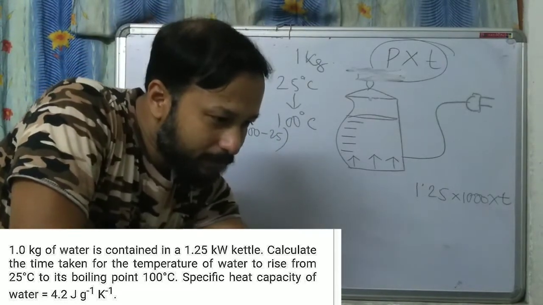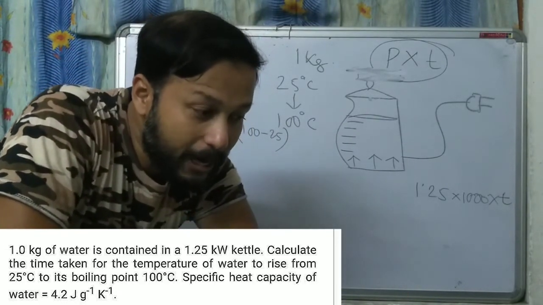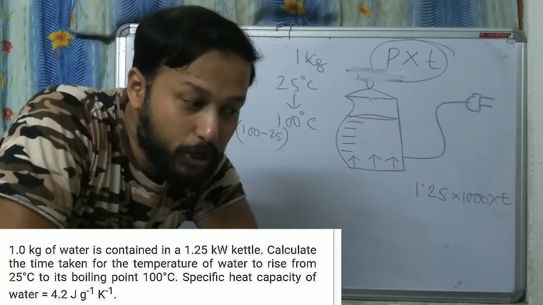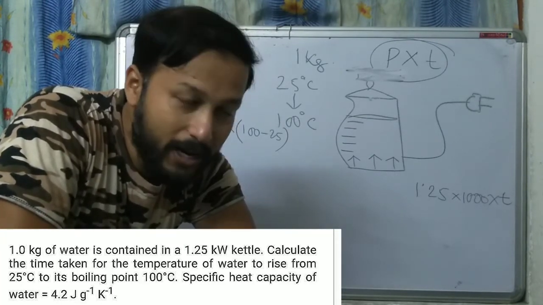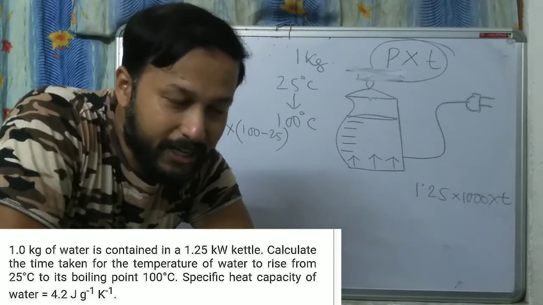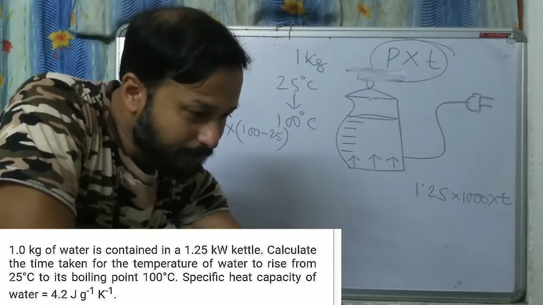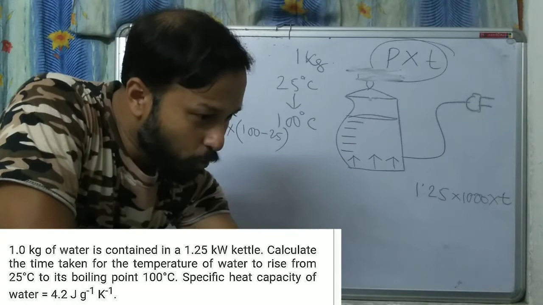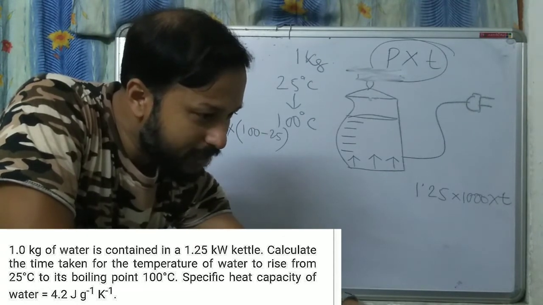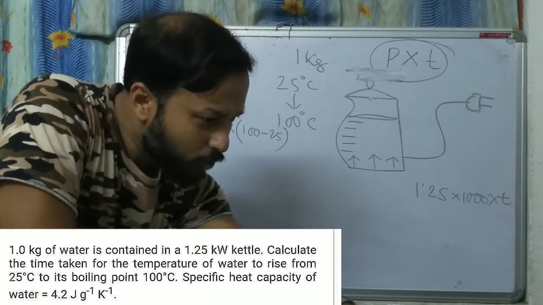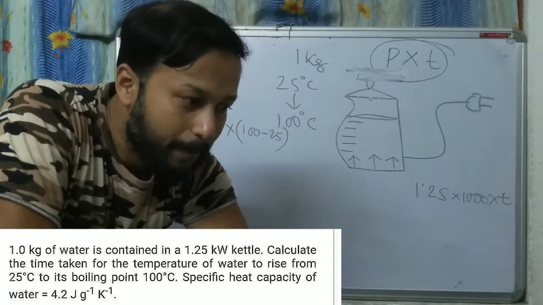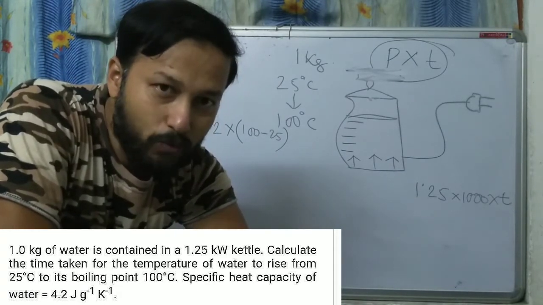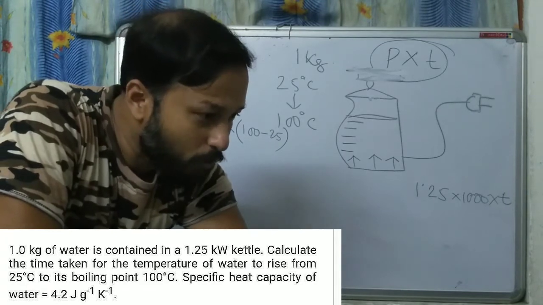See the question. The specific heat capacity of water is given as 4.2 joule per gram Kelvin. Okay, gram is mentioned, but the mass of water is in kg.